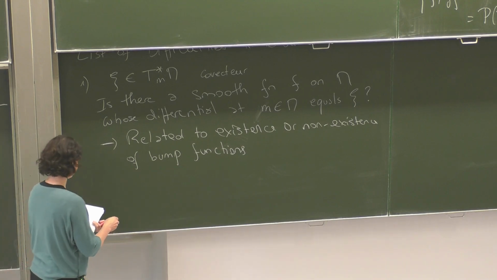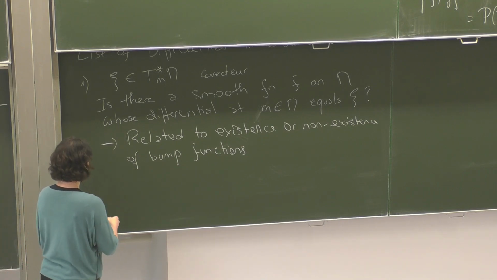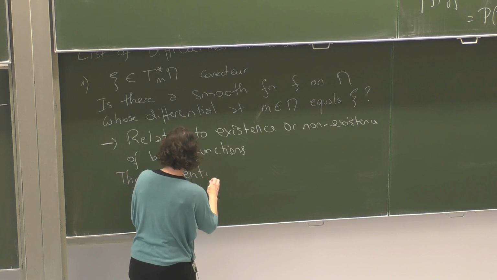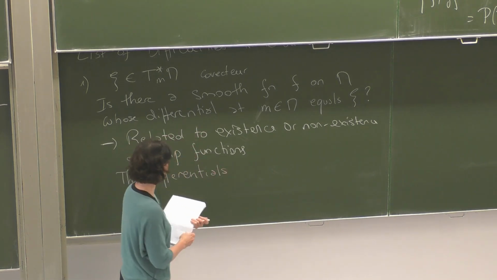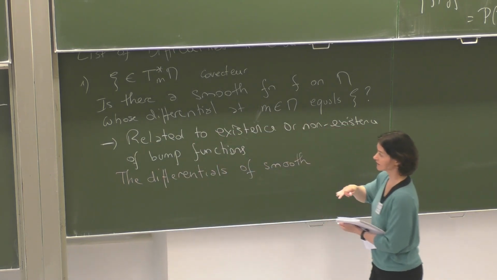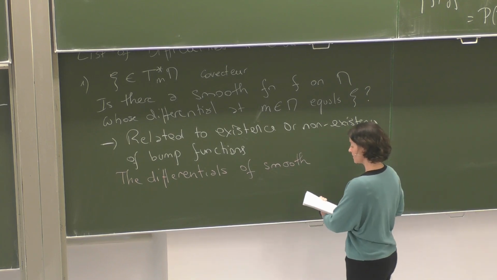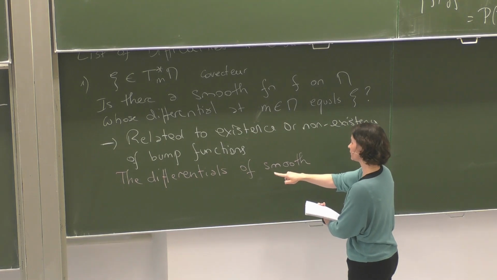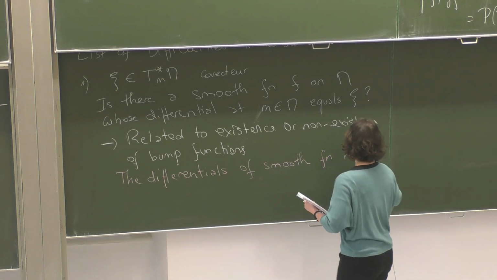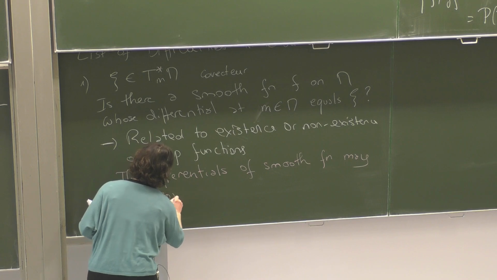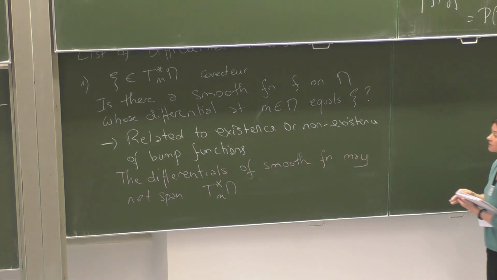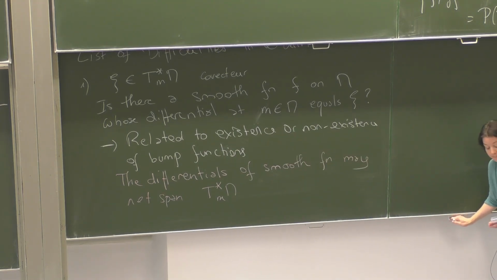This is also related to the fact that the differentials of smooth functions defined on the whole manifold, in the case where we cannot localize, may not span the dual space of the tangent space at m, taken as the dual of a Banach space.